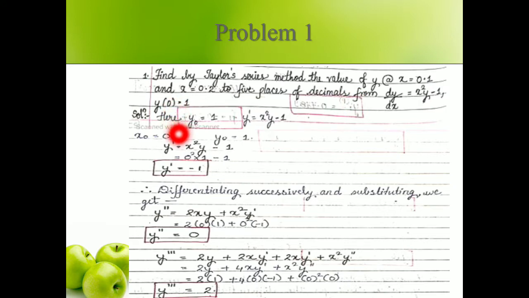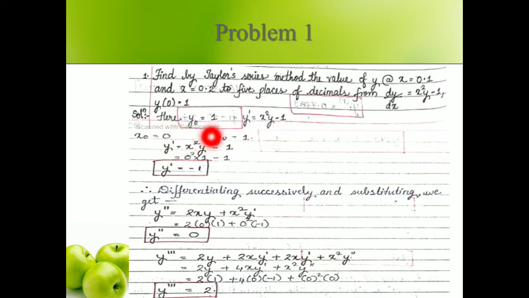So write down the given things: y naught equal to 1, x naught equal to 0. Given dy by dx is x square y minus 1. So that is nothing but y dash is x square into y minus 1.